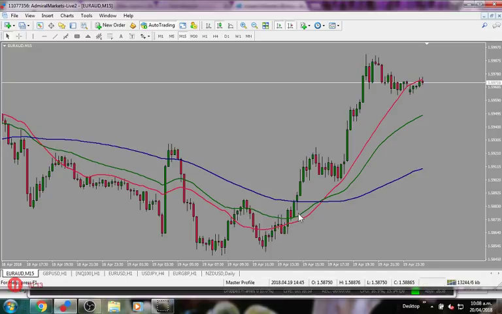And so once you have them in the right order, as in the fastest above the second fastest above the slowest moving average, then you know that price is beginning to be stable enough above the moving averages to consider that a trend might be starting.